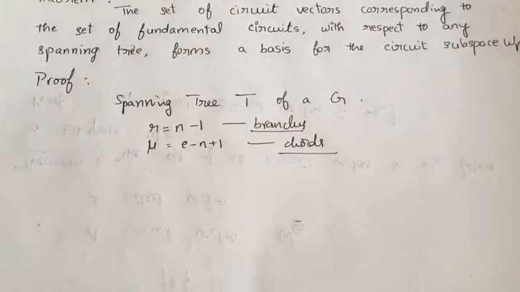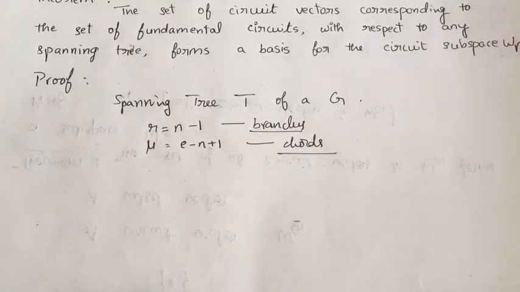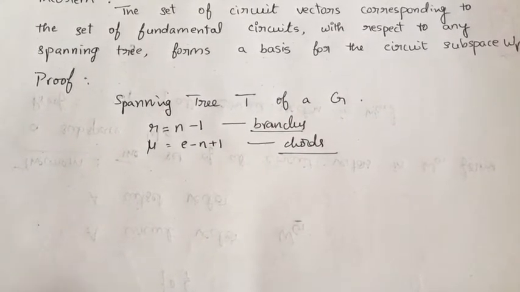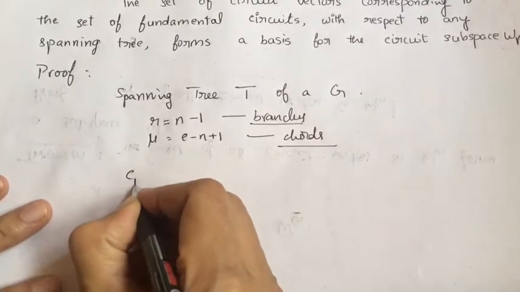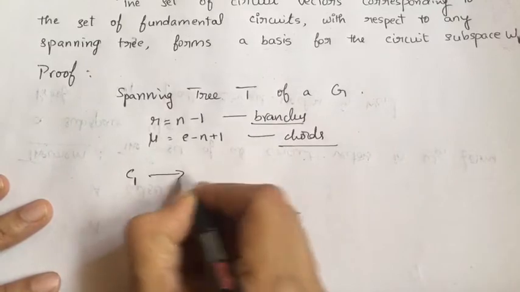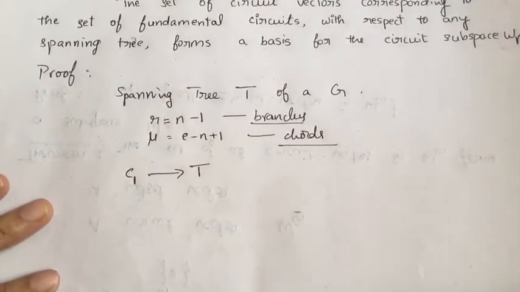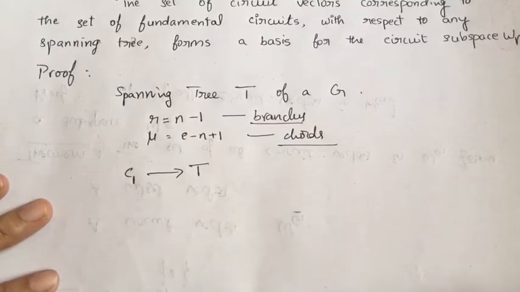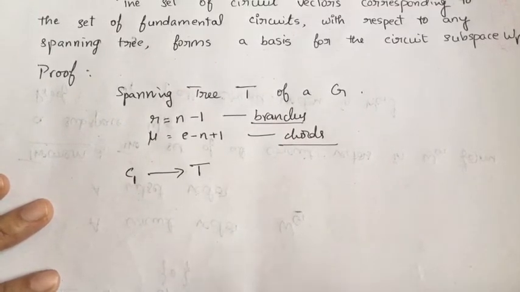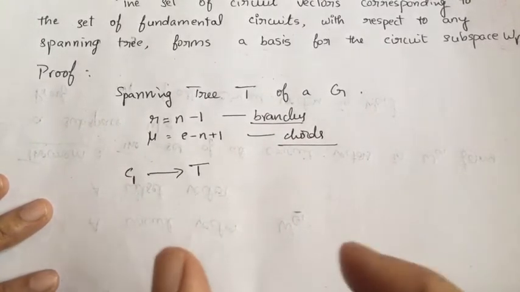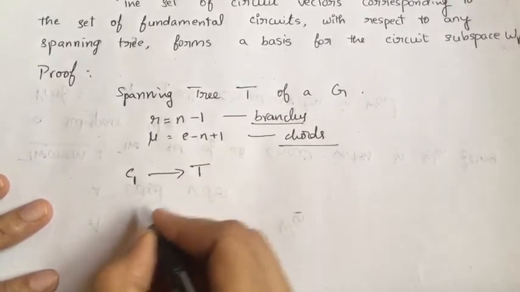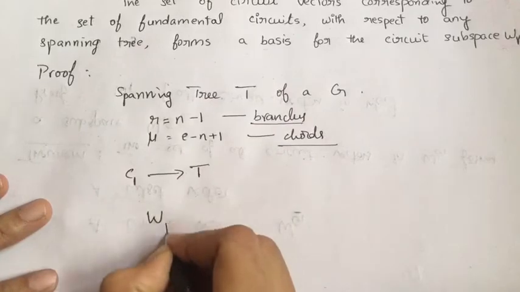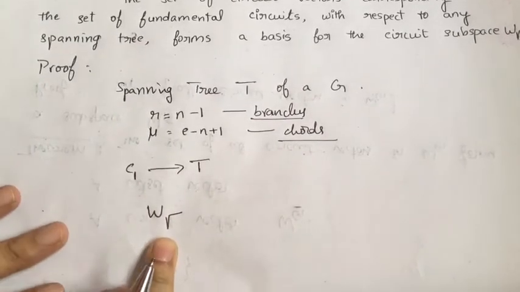Now, I know a fundamental circuit is obtained by adding a chord to a spanning tree. I'll add this chord C1 to the spanning tree T, and it produces a fundamental circuit and the corresponding circuit vector. That circuit vector I'm including in W gamma, which is a subspace.